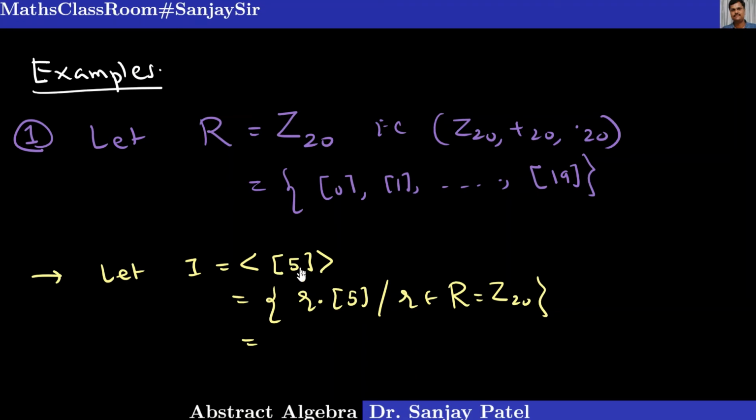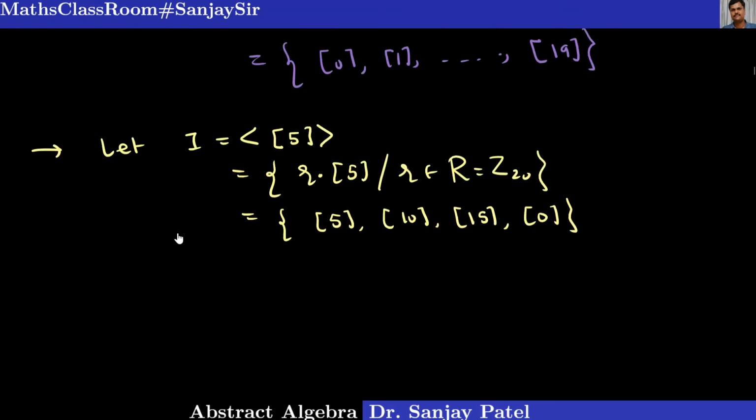Or you can just keep on adding 5 to itself so that you get all the elements of I. First of all, 5 plus 0, 5, then 5 plus 5, 10, 10 plus 5, 15, 15 plus 5, 20, and 20 is equal to 0. So these are the elements of this set. So it is the ideal generated by the class 5.